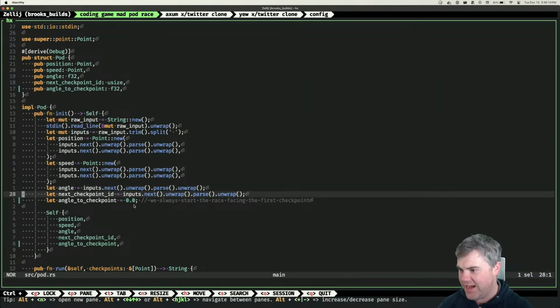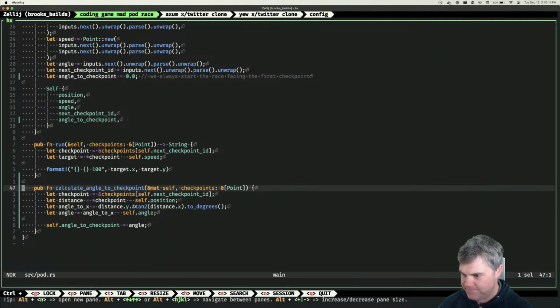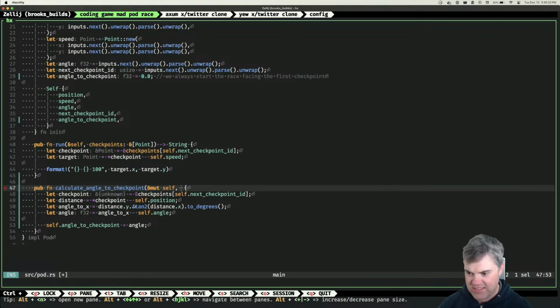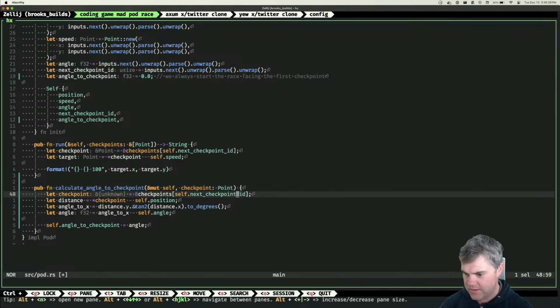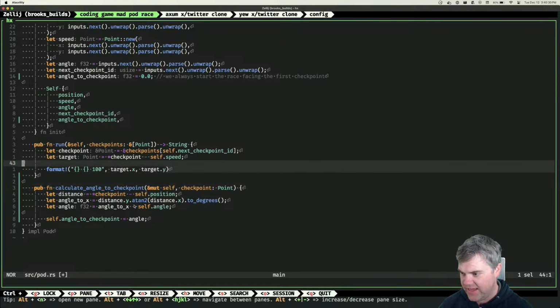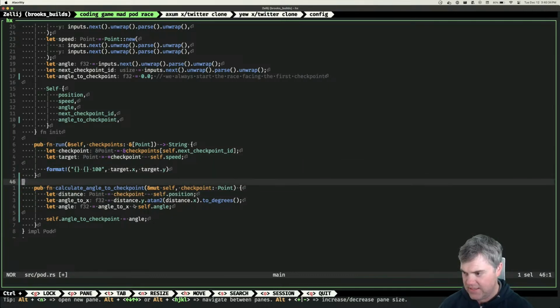Okay, so in pod, we have init and we have run. Oh, I don't have to calculate the current checkpoint. I actually know what this is, so I can just say the next checkpoint is a point. I have that. Don't need to do that.